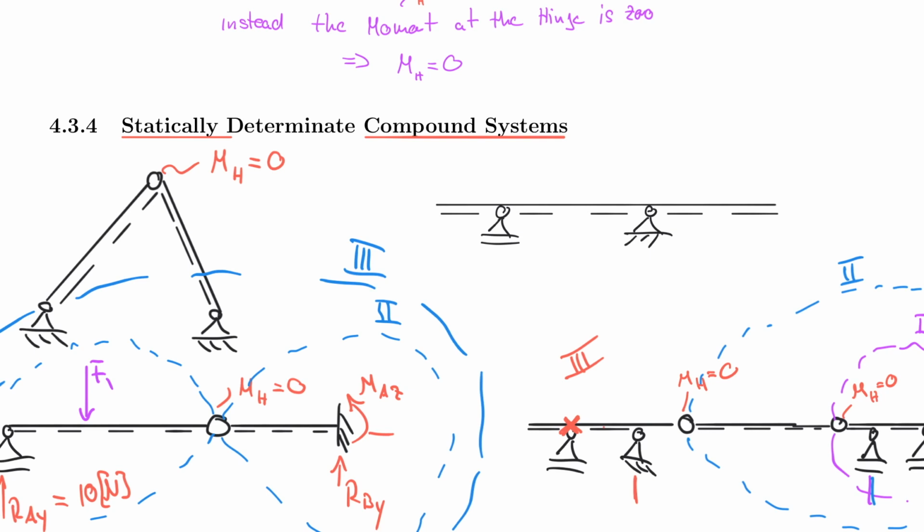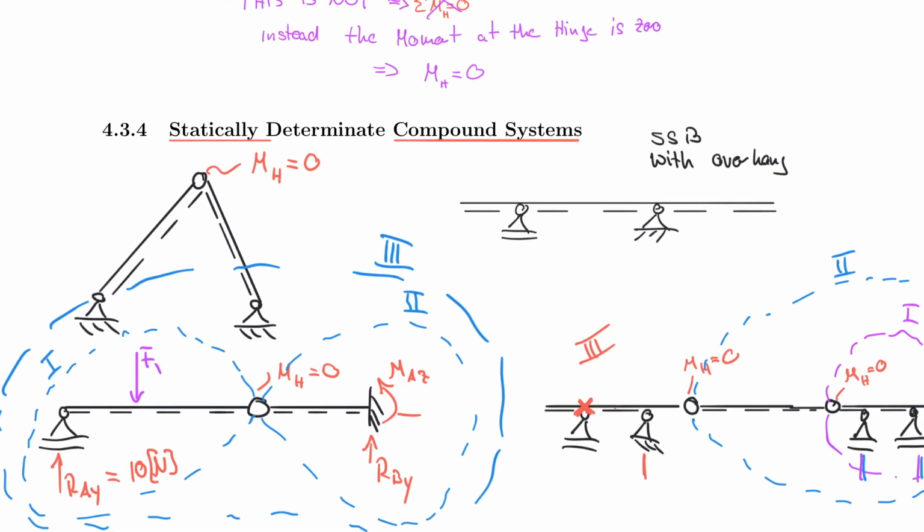So why are these compound systems? Because I have a simply supported beam and the overhang is technically a cantilever. And here in this case, I have it on both sides. So this would be called a simply supported beam with overhang. And so that's why it's called a compound system.